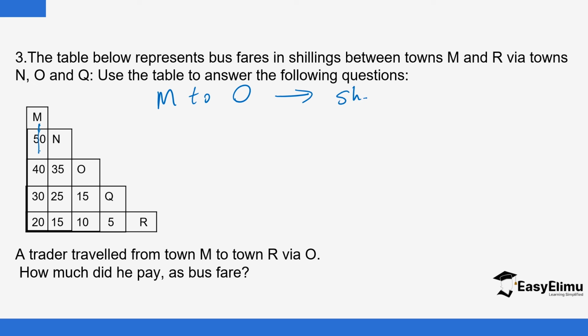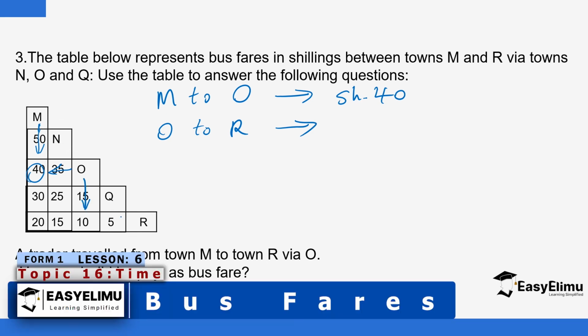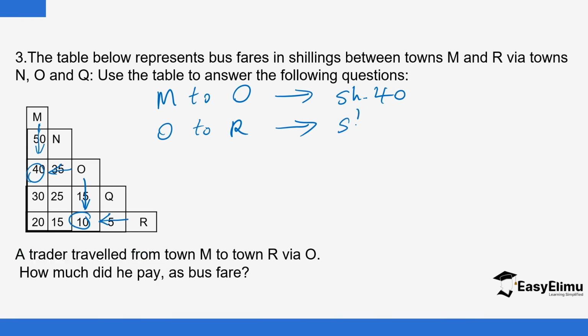So M to O, 40 shillings. Now they have to move from O to their final destination, which was meant to be R. So again, O and then to R, 10 shillings.